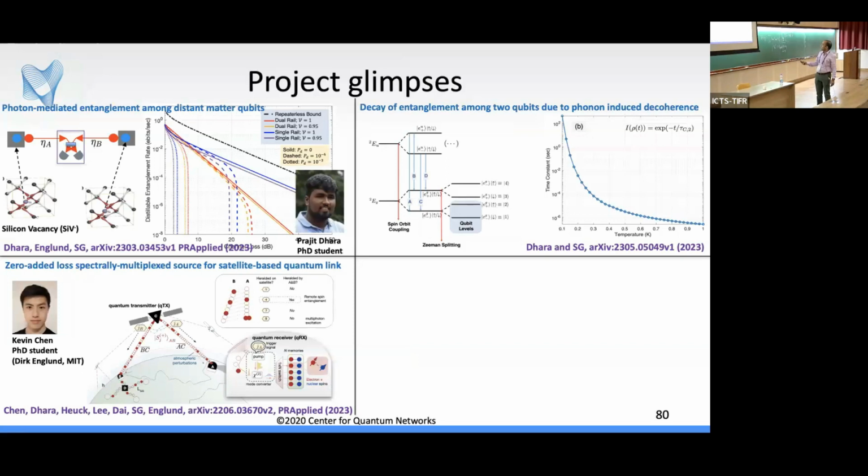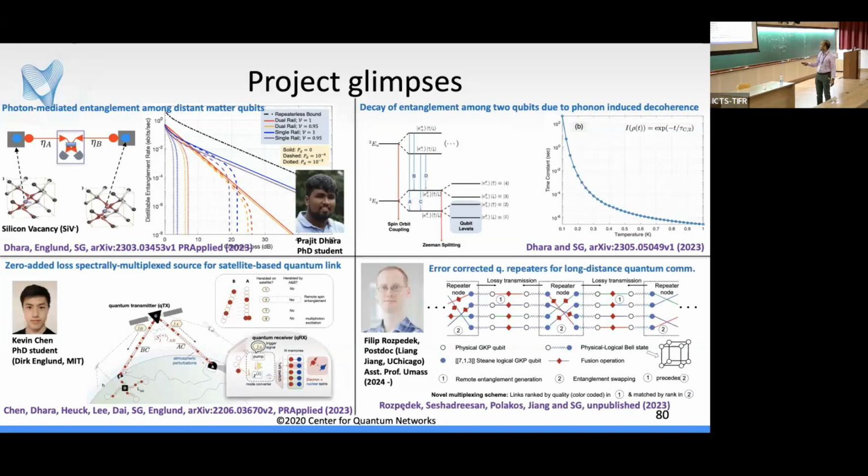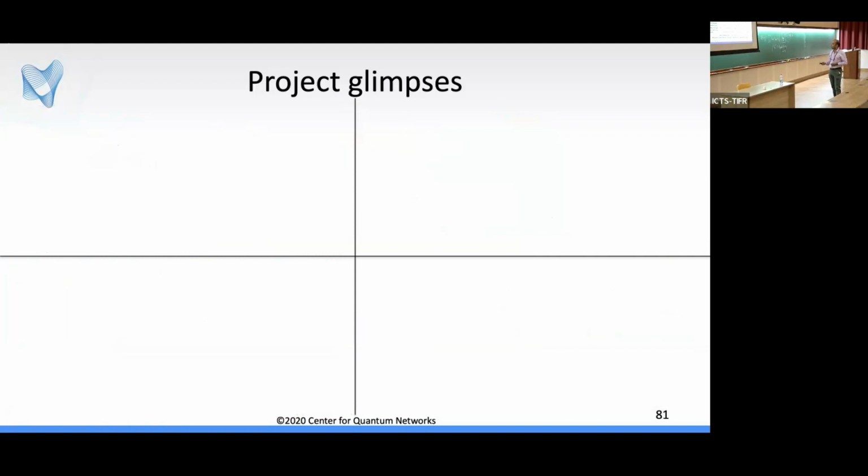I talked to you about this decoherence study. It's an open quantum system analysis to understand decoherence mechanisms, using both photonic cluster states as well as quantum memories for fault-tolerant quantum repeaters for long-distance entanglement distribution.